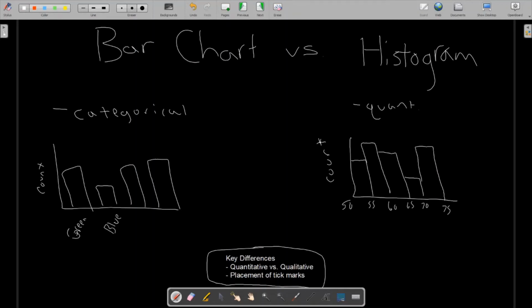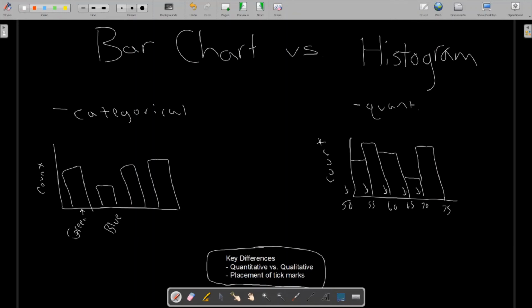And when I mentioned the placement of the tick marks, I was referring to the x-axis, where with bar charts, we label each bar right below in the center of the bar. You can see it's going right in the center. Here, our labels on the x-axis are actually in between the bars, as you can see.